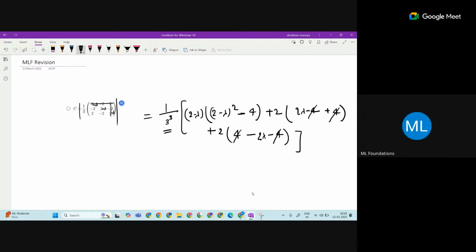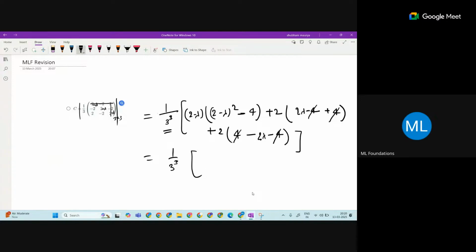So if you take it out, finally this will be 3 cube, as the order is 3 cross 3. So this is going to be 3 to the power 3, and finally we have 2 minus lambda cube.